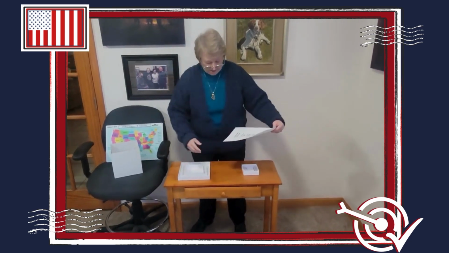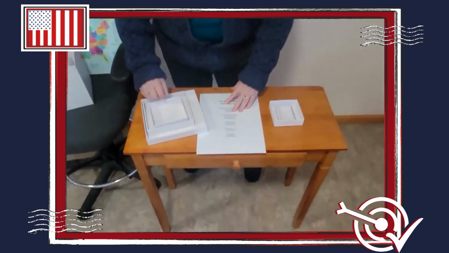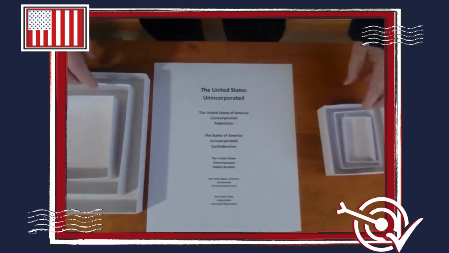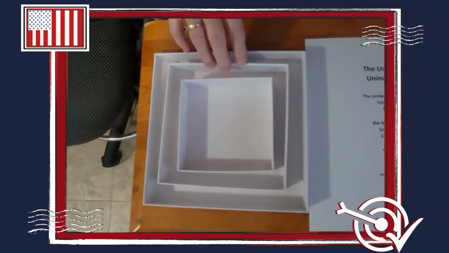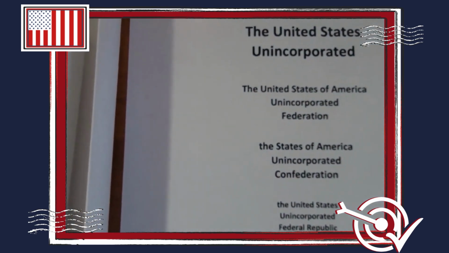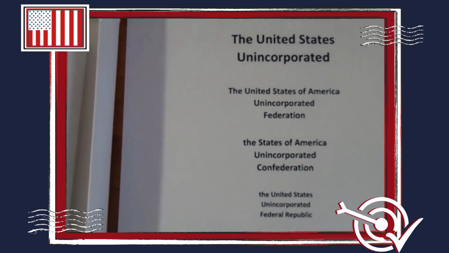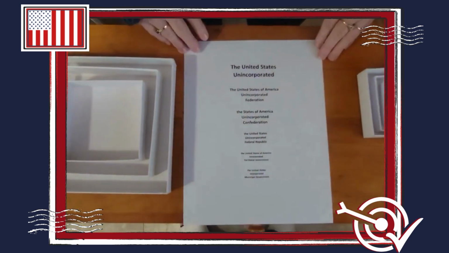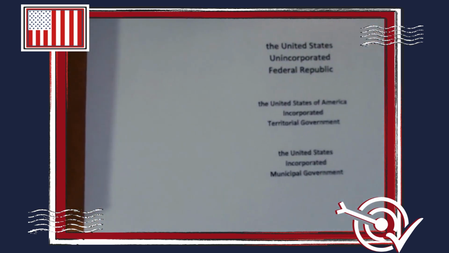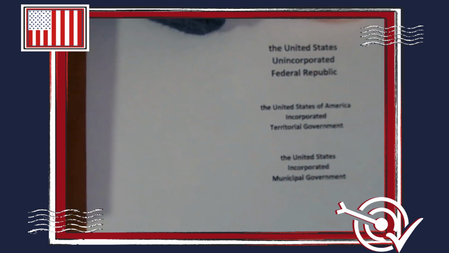Now, just so everybody has this all together, let's take a look here. You got the three American entities, the big boxes, the first three. And then you have the federal entities, the little boxes, over here, the last three.